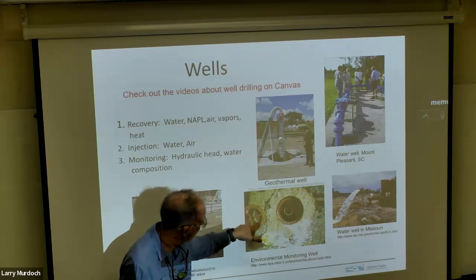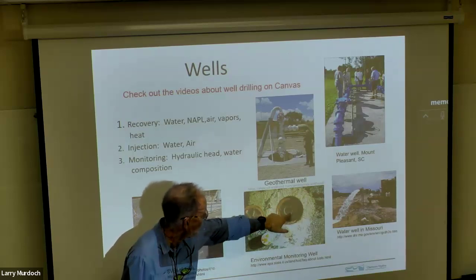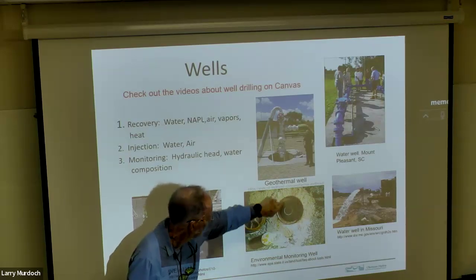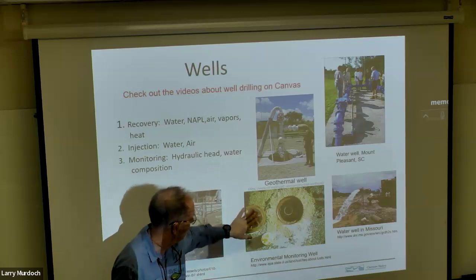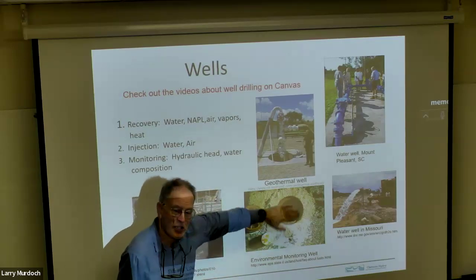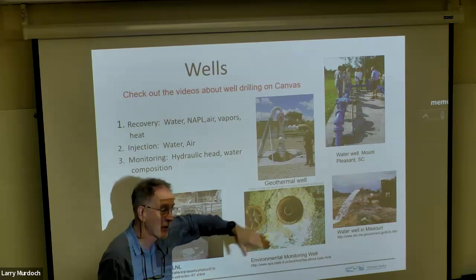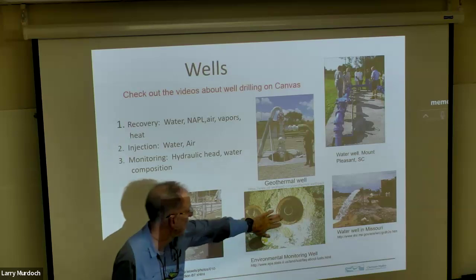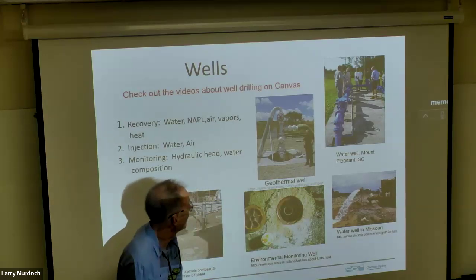Here, this is a manhole cover, and this is the pipe, the casing that is forming the well, and it's got this vault here, and it's covered with that cap, so it's flush to the ground surface. So if you want to drive around and have it in a parking lot, say, you can do it with a flush mount like this.